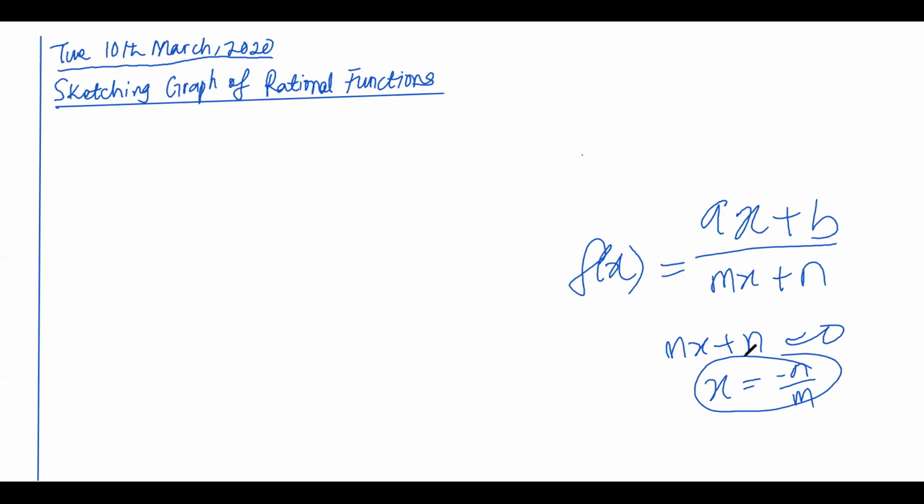You look at the coefficient of x. What do you mean? Like, in this case, a divided by m. That is the horizontal asymptote? Yeah. Can you remind me from our previous class where exactly I said that? I'm sure you have your notes right in front of you.